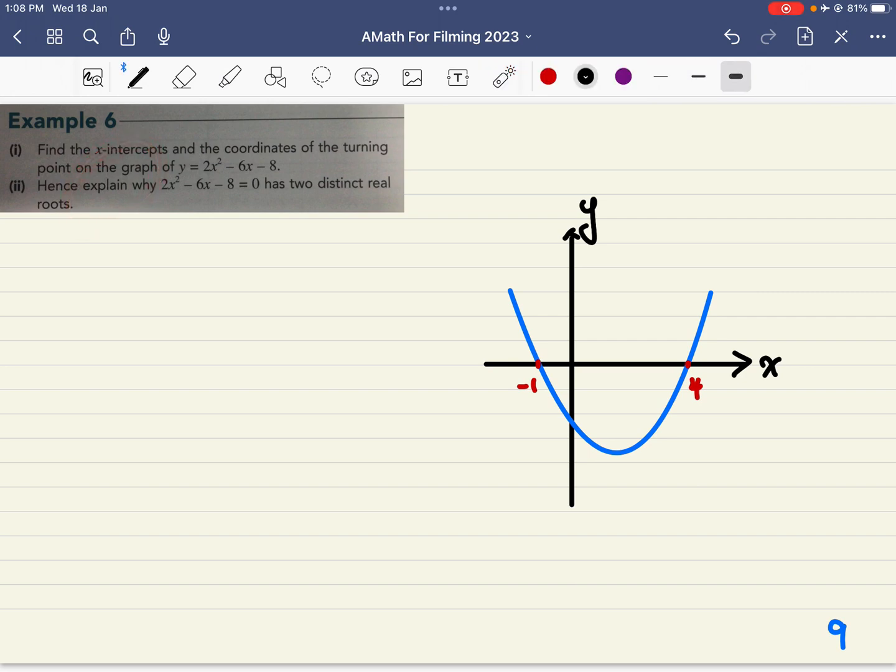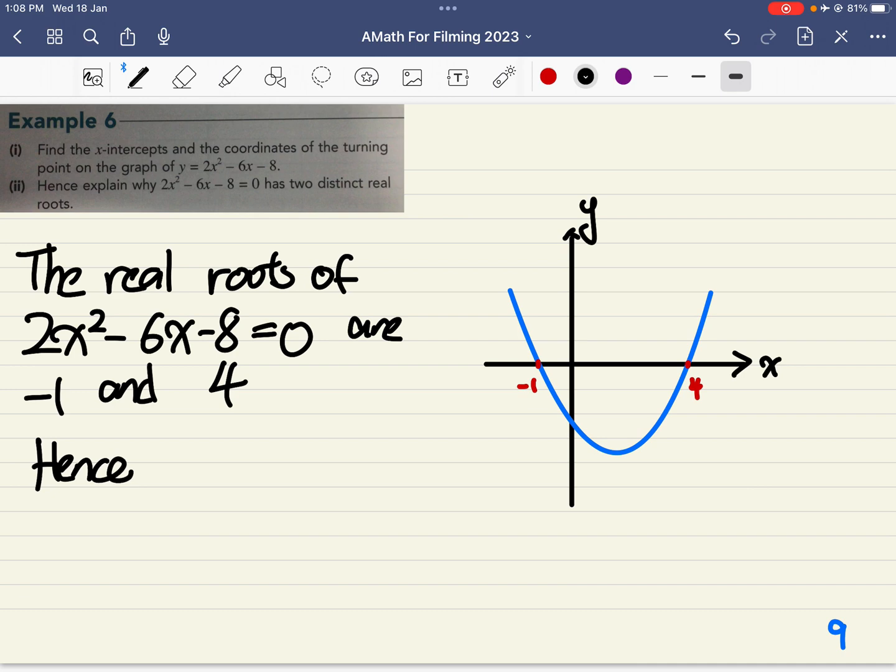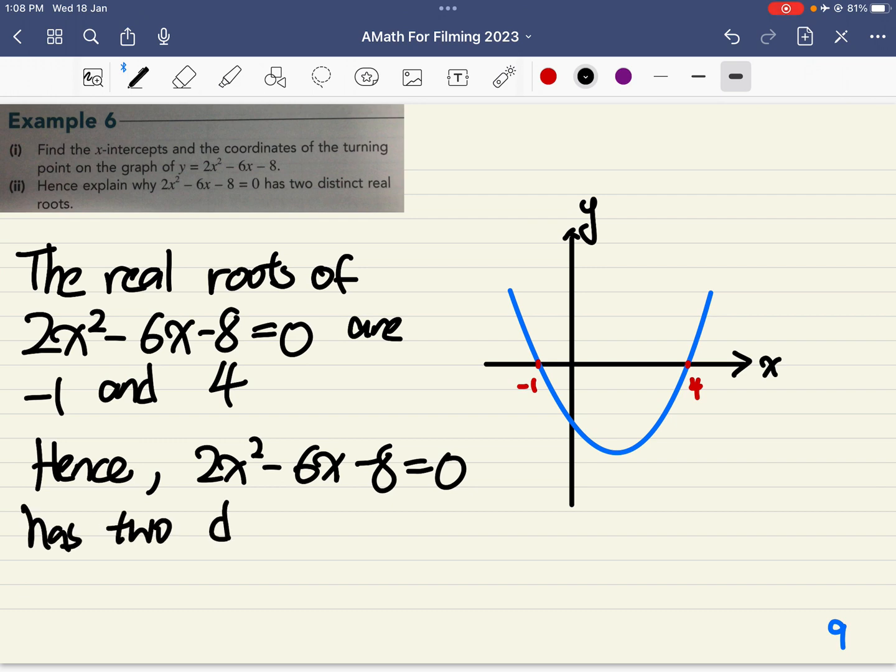We'll say this: the real roots of 2x squared minus 6x minus 8 equals 0 are negative 1 and 4, which is over here. Hence, 2x squared minus 6x minus 8 equals 0 has 2 distinct real roots.